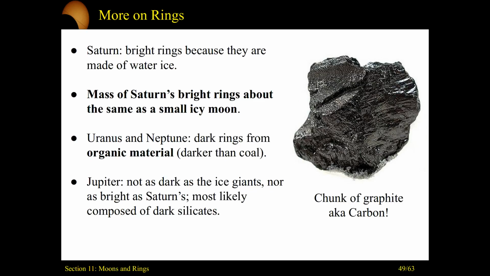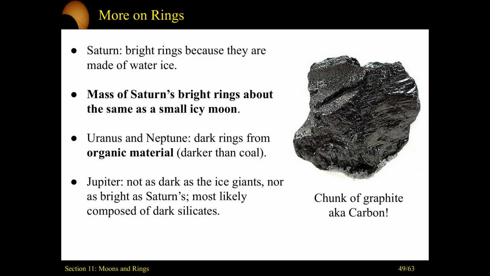This will be an important fact to us that we're going to start trying to calculate in the next slides. Whereas Uranus and Neptune have these dark rings, probably of organic material. And once again, by organic, we just mean that it has a lot of carbon present. Organic just means carbon-based molecules.